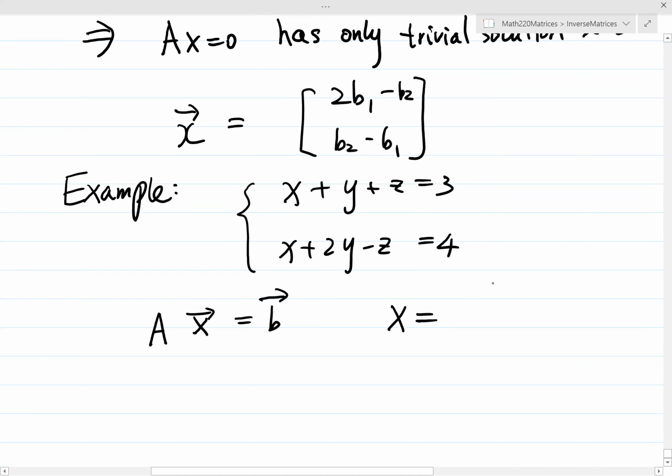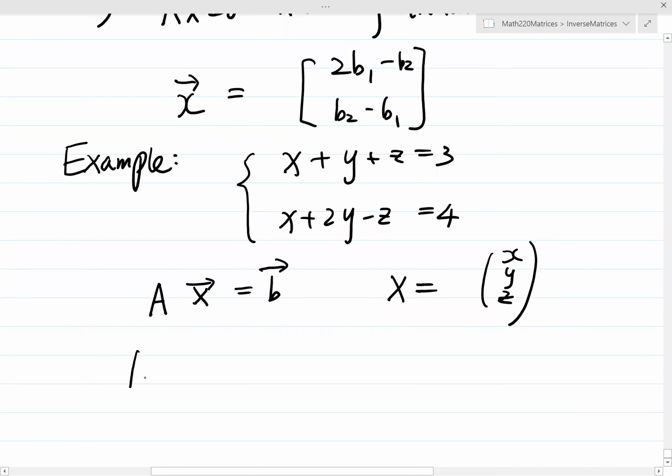X is x, y, z. Then A is the coefficient matrix. Reading the coefficients of x, y, z, the second equation, x plus 2y minus z, so we get 1, 2, negative 1.